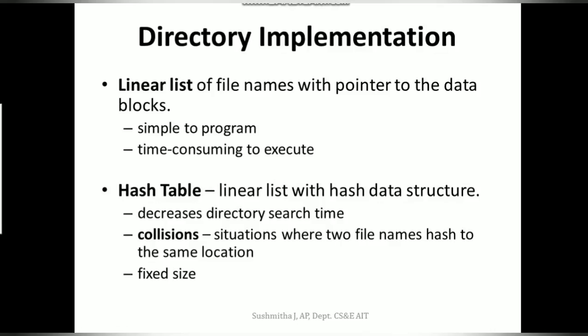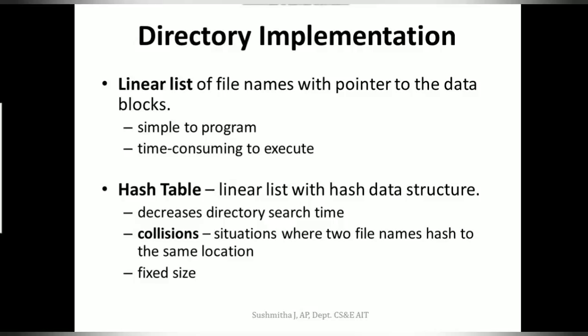The next thing that we have is the directory implementation. The directory implementation can have two approaches. One is the linear list and the other one is list indexing using the hash table.